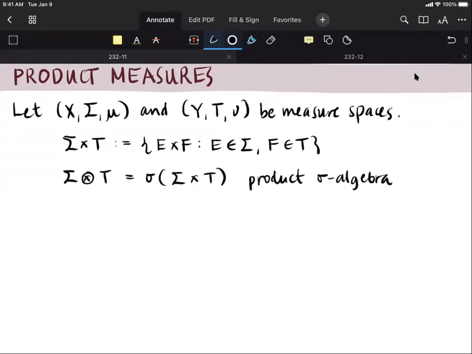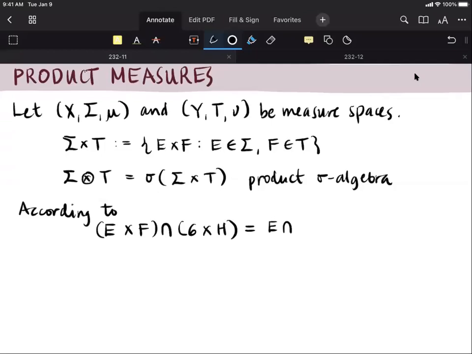Okay, now according to the following identity, (E × F) ∩ (G × H), we can write this intersection of Cartesian products as the Cartesian product of intersections. We can see that Σ × T is closed under finite intersections.